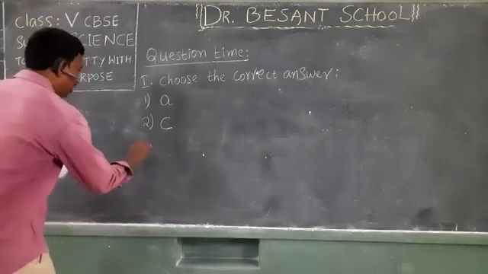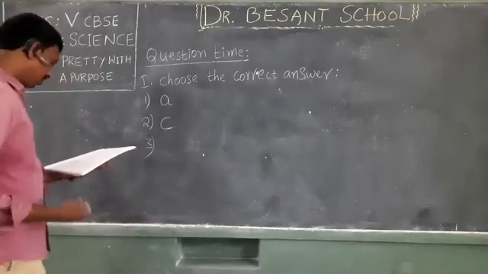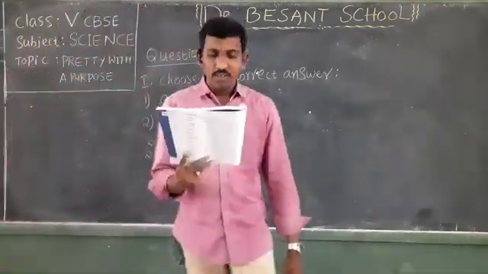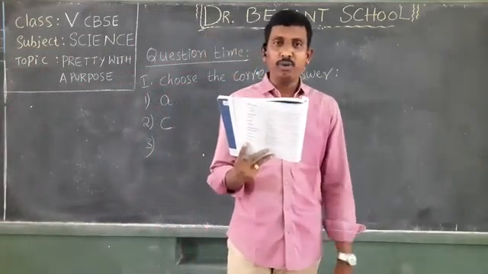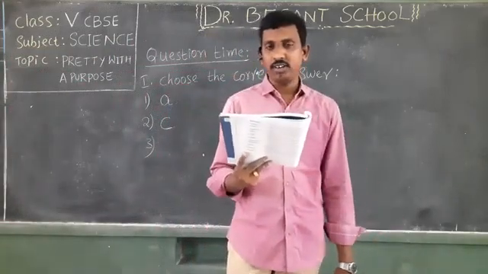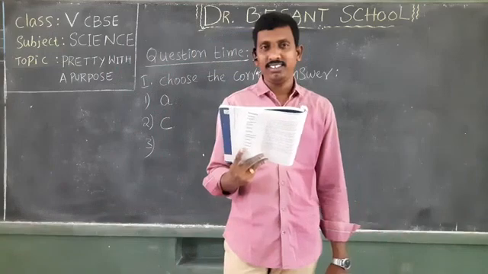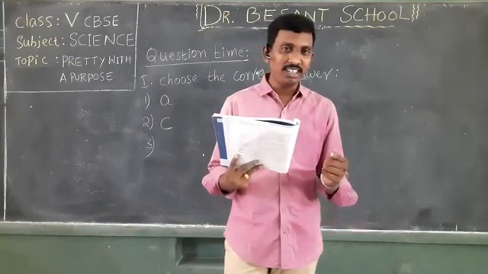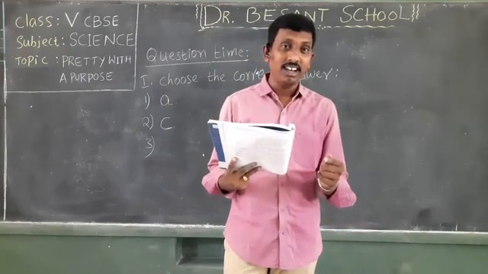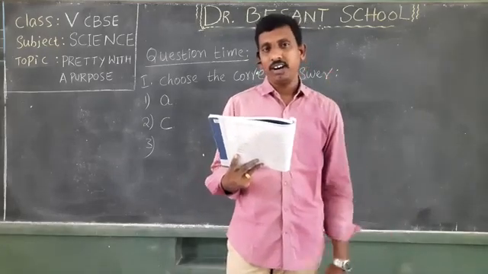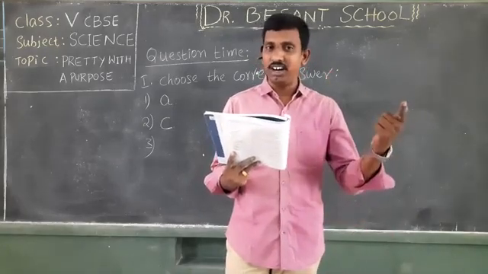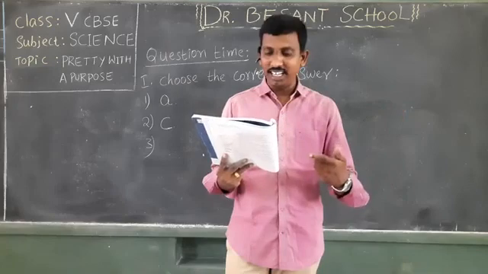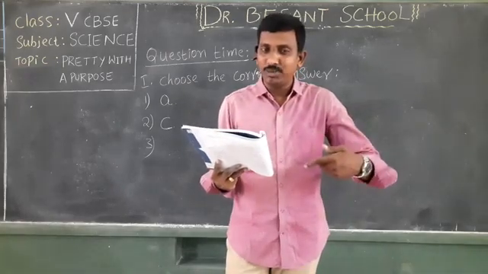Now let's come to question number 3. That is the objective part. Where is an ovule found in a flower? Recall about the ovule. Yes, the ovule is found in which part of the flower? That is the carpel. Carpel consists of 3 parts: stigma, style, ovary, and in the ovary what is present?